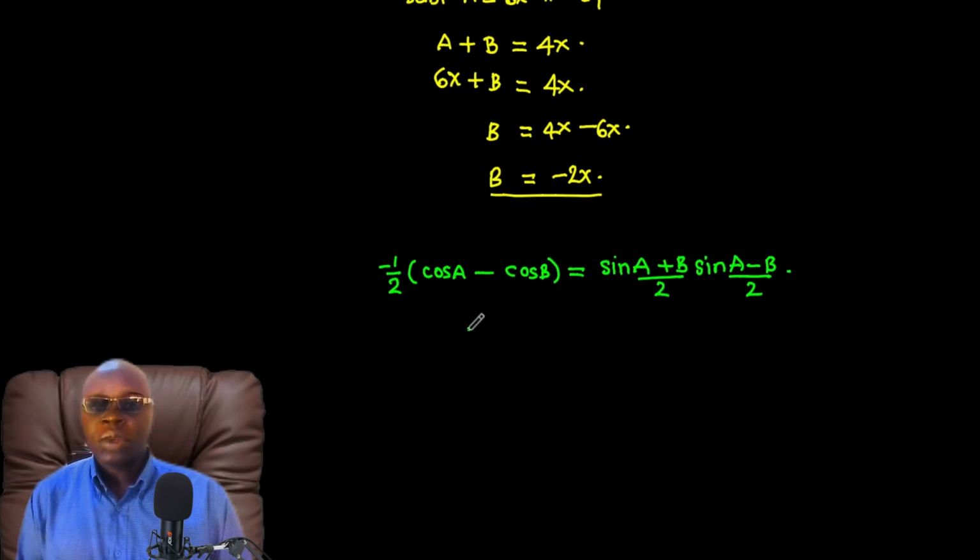This is what we had, and we can now substitute whenever we get A and B. We place our values of 6x for A and negative 2x for B. Before we continue, one thing we have to note here is, maybe let me get some sticker and place it down here.